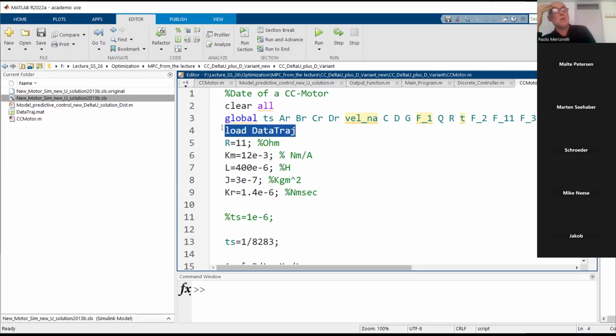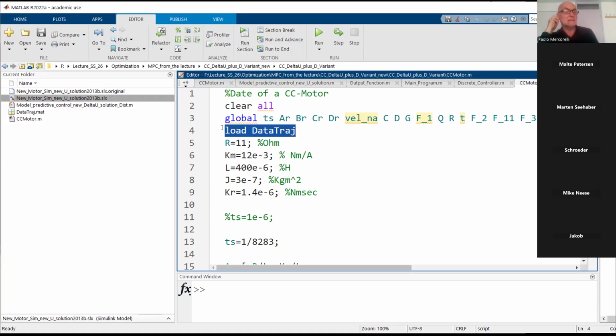I don't remember if last time I discussed this load. The load is there in any MPC application. We have a load because we have to know in advance, as I told you last time, the trajectory or trajectories. This means somewhere I saved the trajectory.